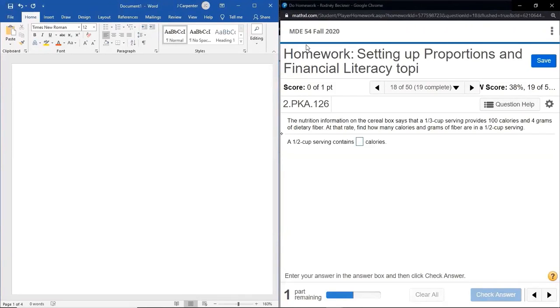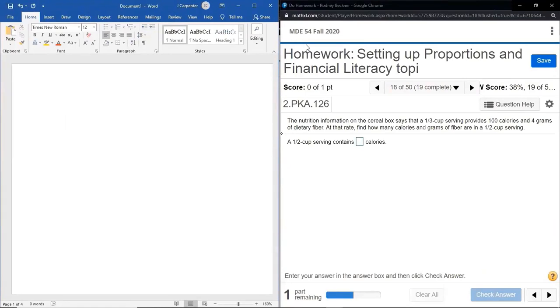So the 2 reasons this problem is interesting are, A, fractions, which make it a little more of a challenge, and B, it's not 1 proportion, it's 2. We're talking about serving size, that's one thing. Then we're talking about calories, that's a second thing. And grams of fiber, that's a third thing. We can't put 3 different things in a proportion.